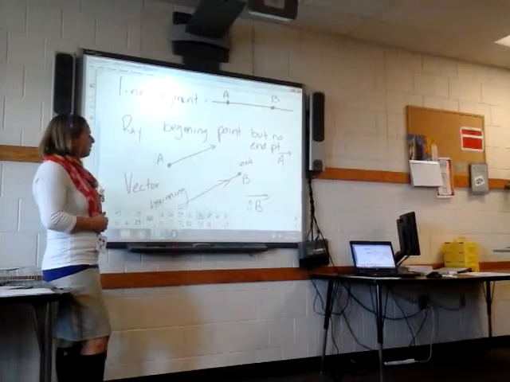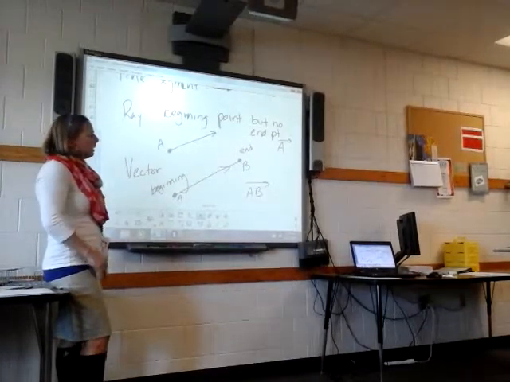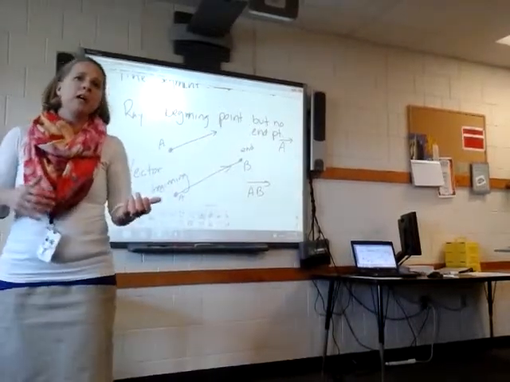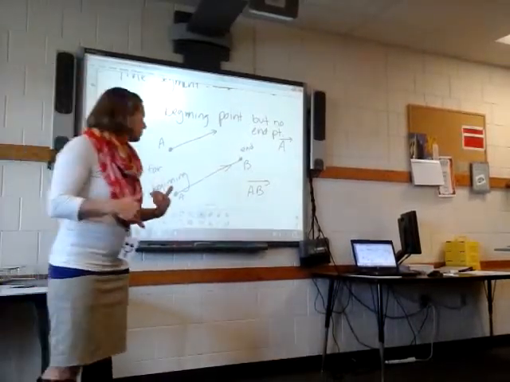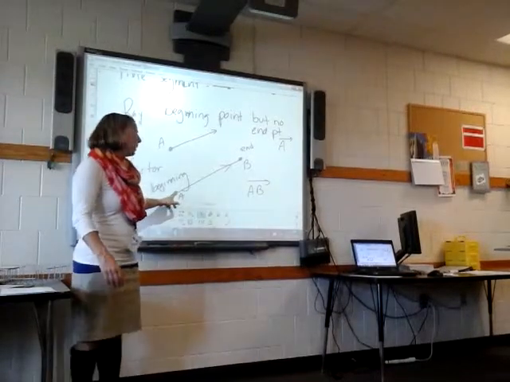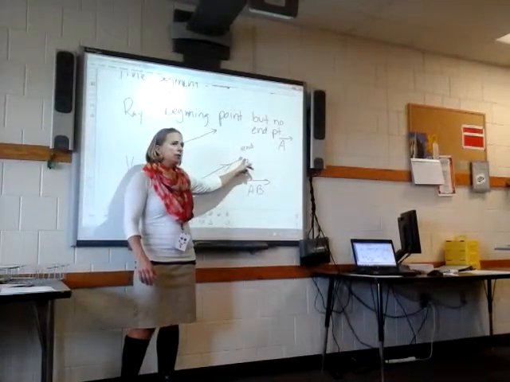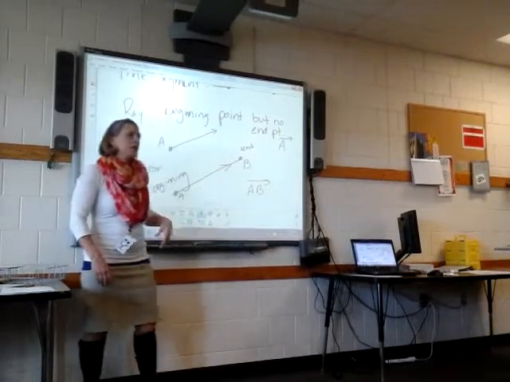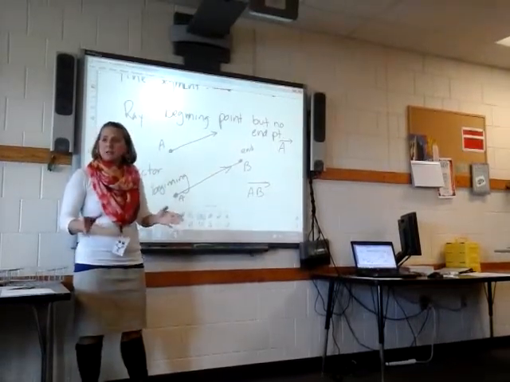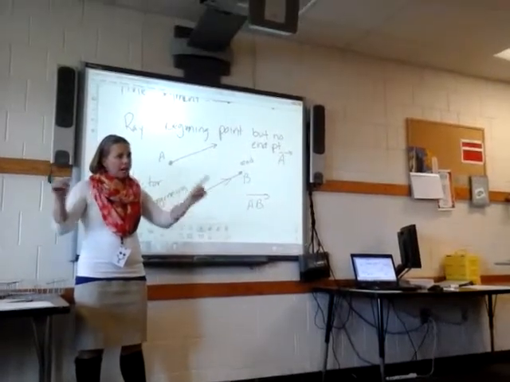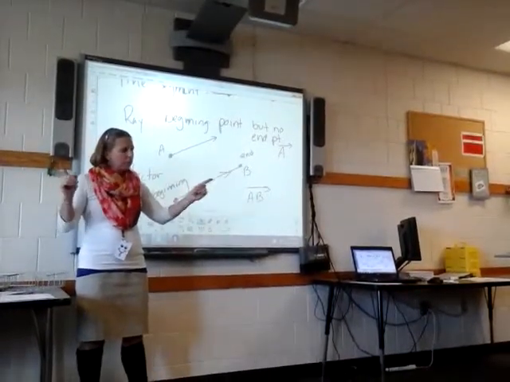And finally, a vector is a combination of both the line segment and the ray. A vector has a beginning point and an end point. Different from the line segment, because the line segment has just two endpoints, so either side could be considered the beginning and the end.